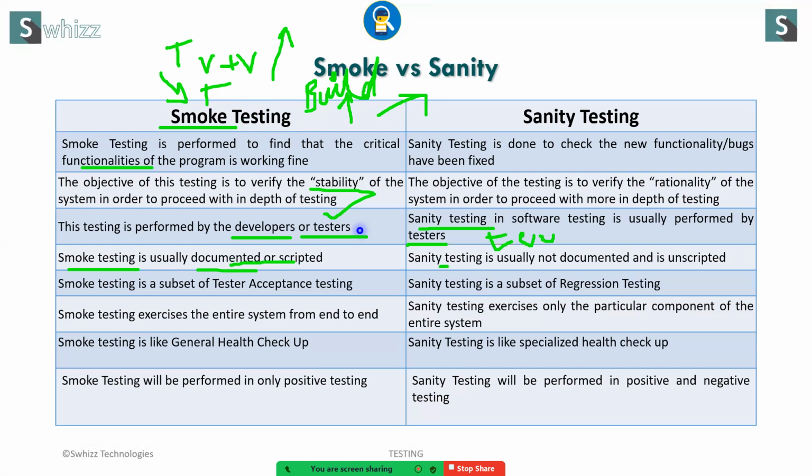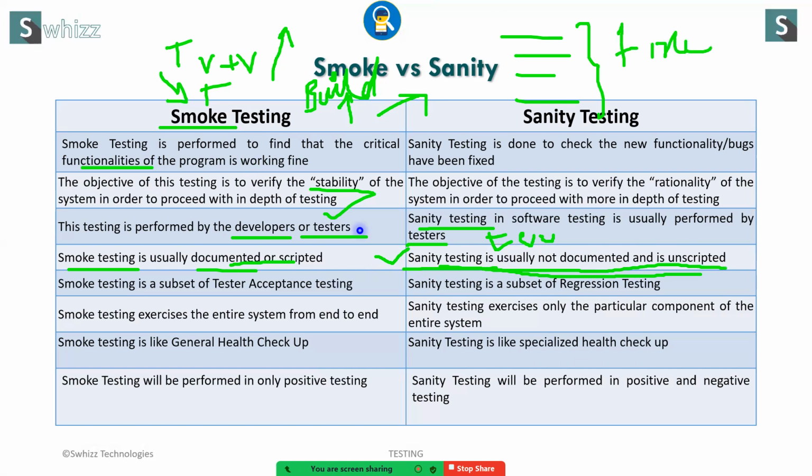But sanity testing is usually not documented and unscripted, because as part of sanity testing you have to do it many times. As part of regression testing also, you again have to perform sanity testing. Almost the same test cases you have to execute multiple times to check whether that particular bug got fixed.